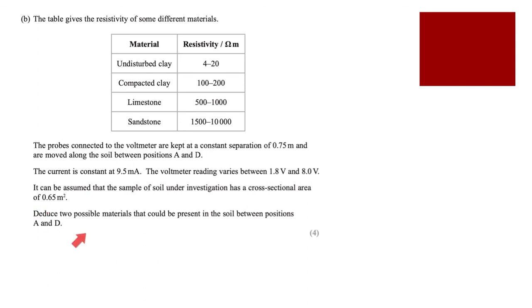So it says deduce two different possibilities, which means I need to be calculating some resistivity measurements and see how they relate to my table. Now, if I have my voltage being changed and a constant current, that tells me I'm going to have different resistances. So let's go and calculate those first.